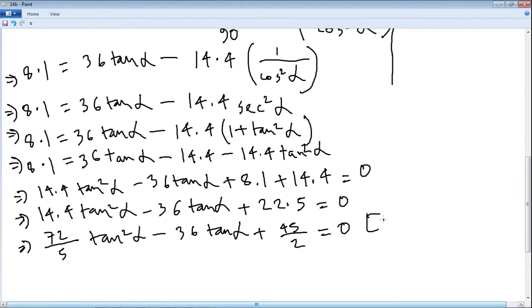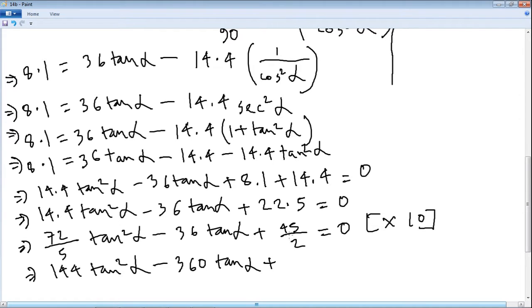Now, to remove the denominators we multiply both sides by 10. So we get 2 multiplied by 72, which is 144 tan squared alpha, minus 10 into 36, which is 360 tan alpha, plus 5 into 45, which is 225, equals 0.